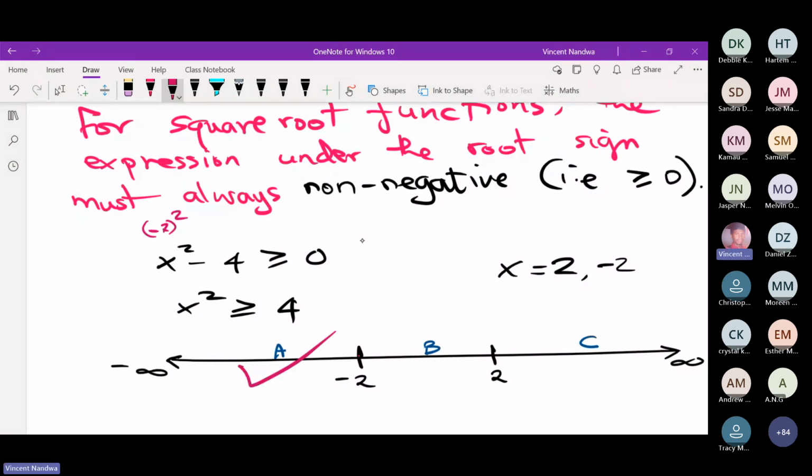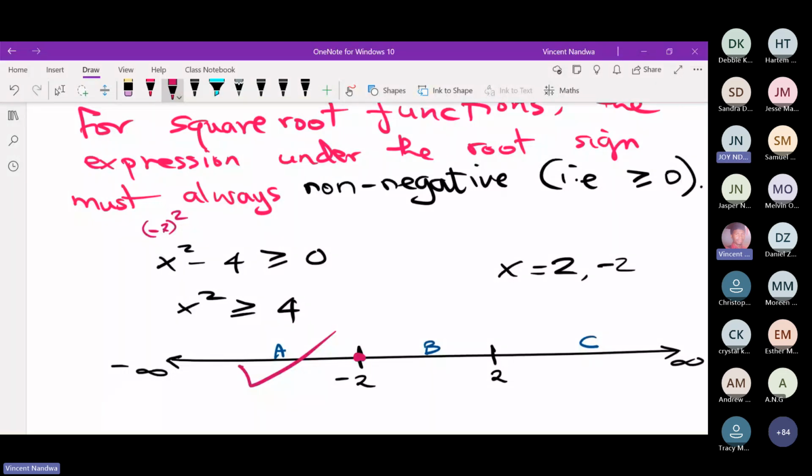If I square it and subtract 4, it is satisfied because 0 equals 0 is true. So even -2 is part of the domain.